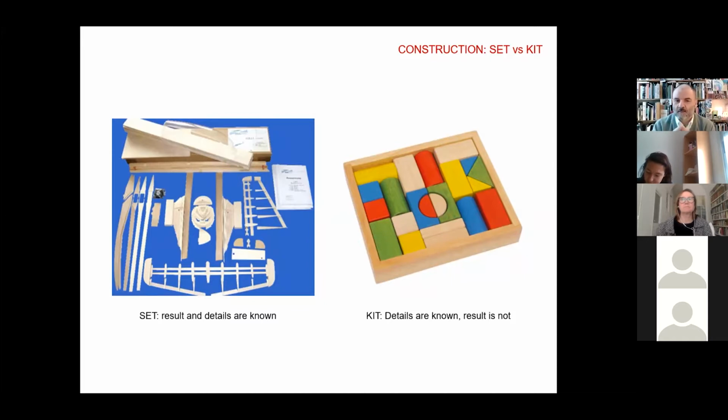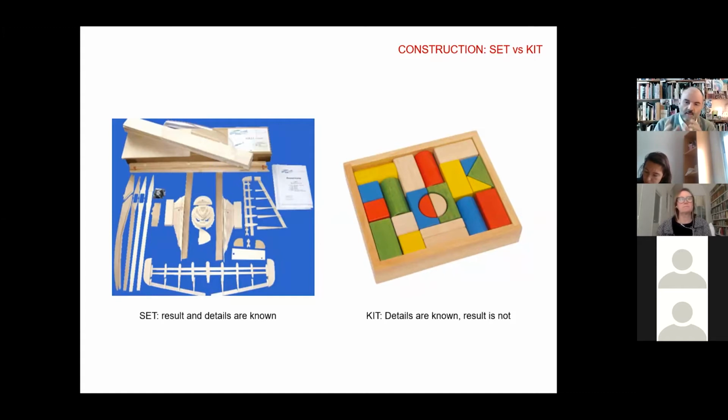But anyway, today we can say that we can build with set logic or kit logic. Set logic means that rules and details are known, so you know how each element has to be exactly in order to achieve the result you want. On the other side, there is the kit logic, where details are unknown.